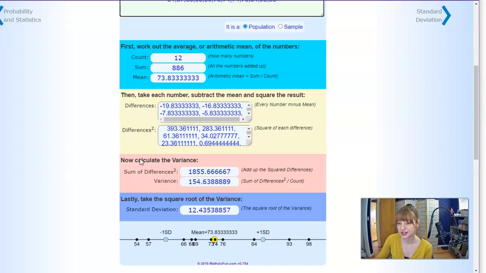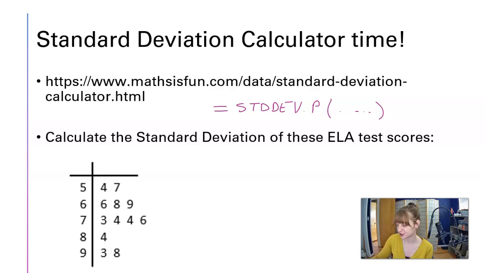It actually walks us through how to calculate the standard deviation, but we're not going to worry too much about that. We're just going to look at the standard deviation and try to interpret it a little bit. So this is a 12.4 standard deviation. That tells us that the data is typically about 12.4 away from the mean.